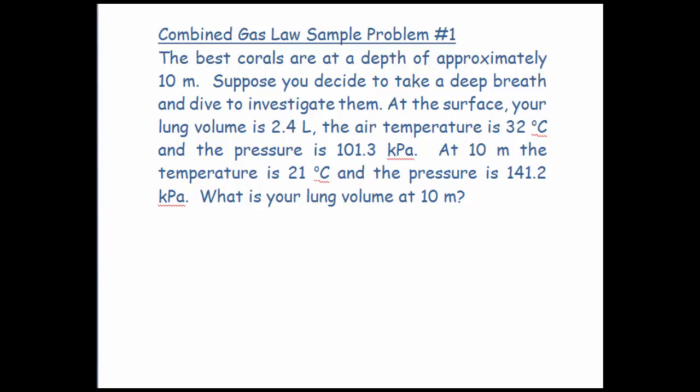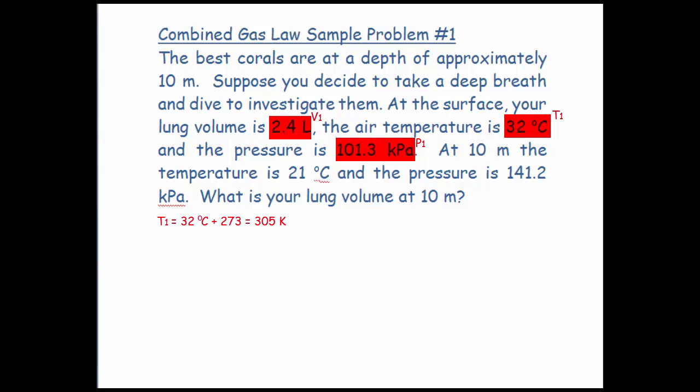Following our normal routine, let's begin by identifying our given information. The first volume we're given is 2.4 liters, that's V1. We're told the temperature at the start of the problem is 32 degrees Celsius, that's T1. And our initial pressure is 101.3 kilopascals. That's P1. In addition, we'll need to convert that temperature of 32 degrees Celsius to Kelvin.